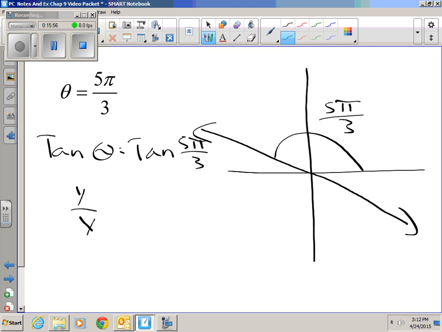Tan of 5 pi over 3 is, don't tell me, I think it's going to be negative 1 over root 3. That's wrong. It's negative root 3 over 1. My line wasn't drawn correctly. So now I'm just going to multiply both sides by x, so I get y is equal to negative root 3 x. And there is my equation in rectangular form.